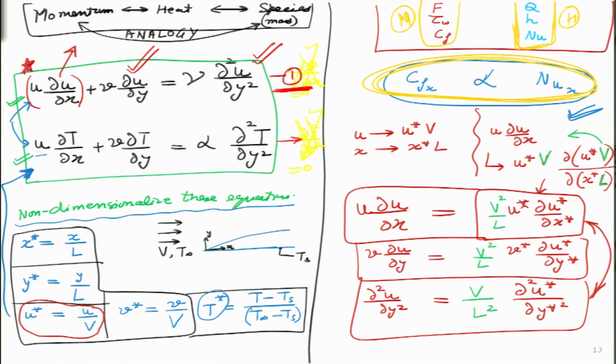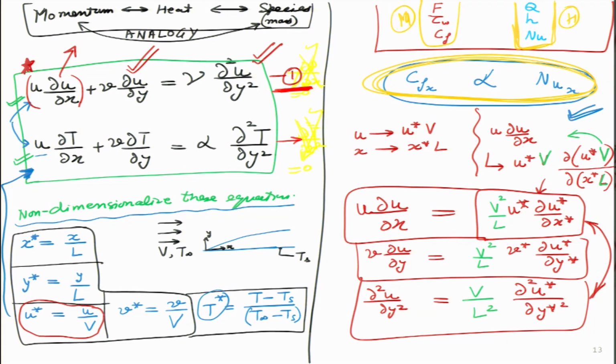The second part was that we formally wanted to look at the analogy between momentum and heat, and this analogy later on we will find out with species also, when we look at the chapter on mass transfer. Right now we are just looking at momentum transfer and heat transfer. Mass transfer we are not looking at today. The first step was to non-dimensionalize these two equations marked with the red star.